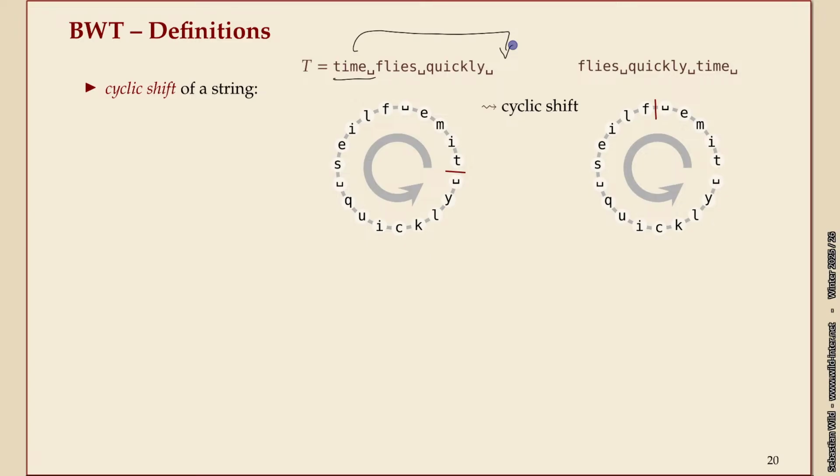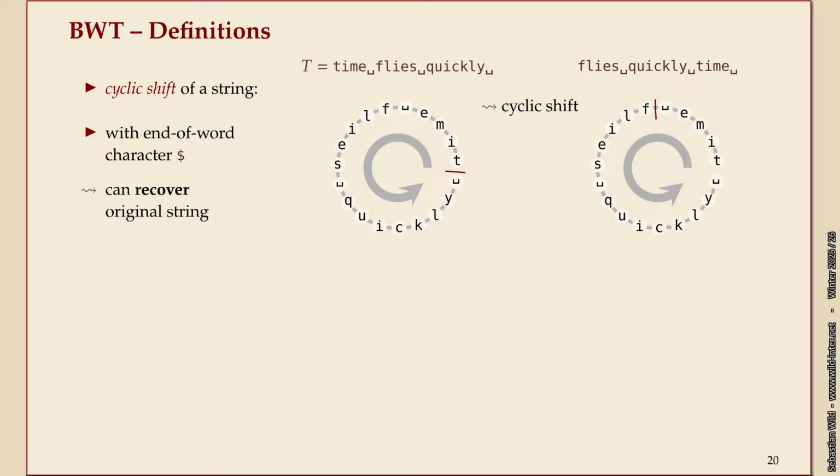In general, as this example maybe shows, you cannot necessarily reconstruct where you came from unless you know by how many characters you shifted. But the standard trick that we've applied in all of the previous chapters was to append a unique end-of-word character at the end. And then, of course, you can recover from any cyclic shift what the original string was, because you keep shifting until this character is at the end.